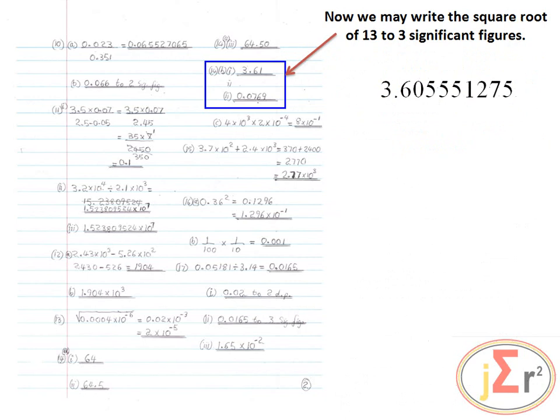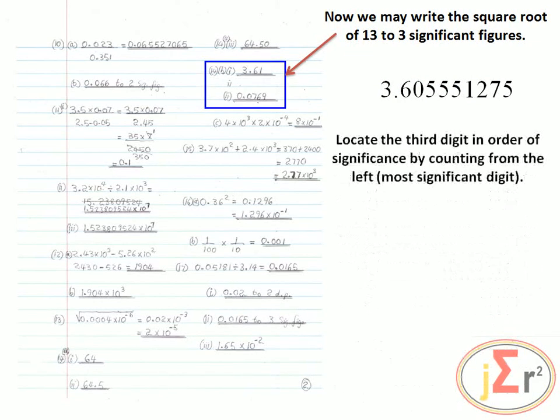We may now go straight ahead and write the square root of 13 correct to three significant figures. Locate the third digit in order of significance by counting from the left, which is the most significant digit.